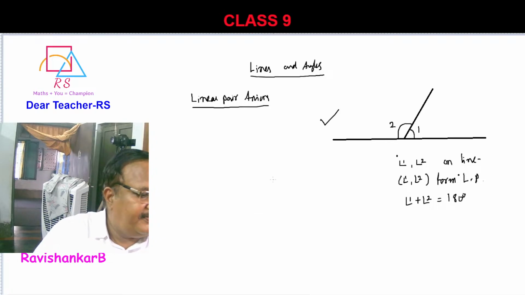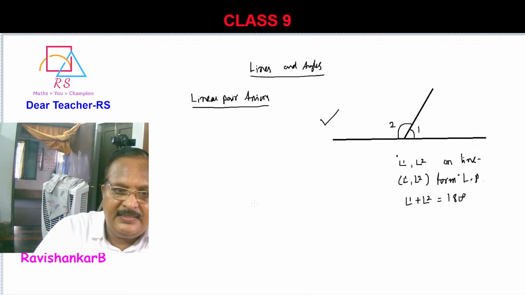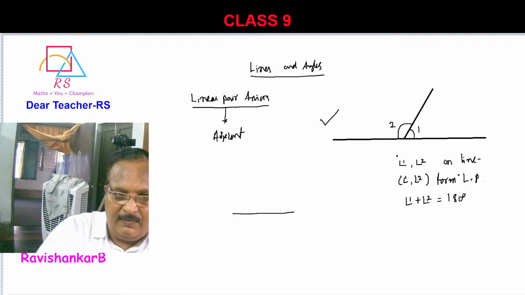This is one way of understanding linear pair. The other way is, there are two adjacent angles. In a linear pair, these two should be adjacent angles. So one angle will be like this. Let us say this is angle 1, and one more angle is like this.